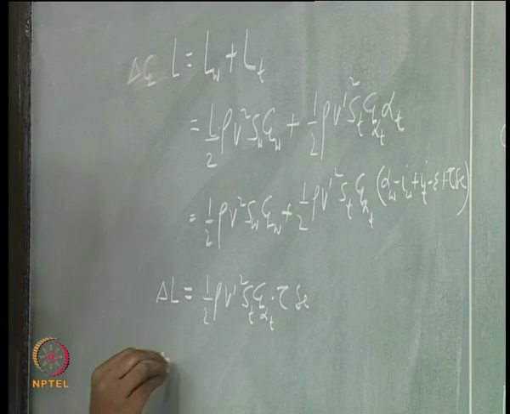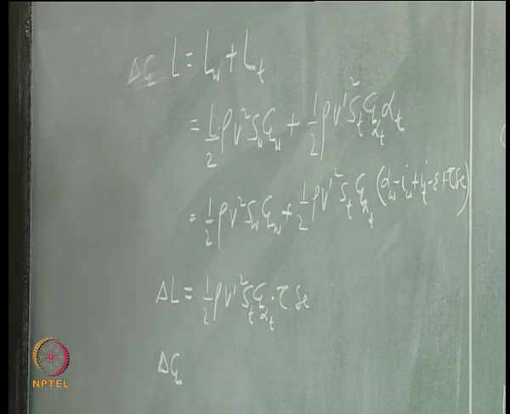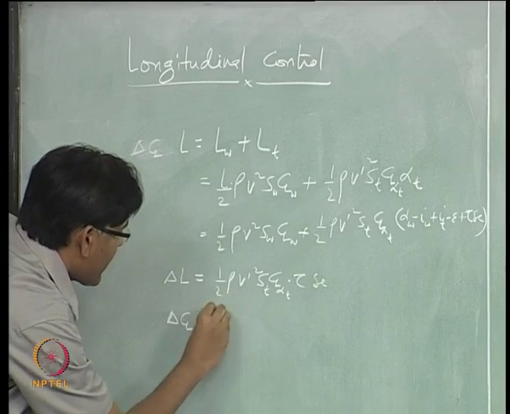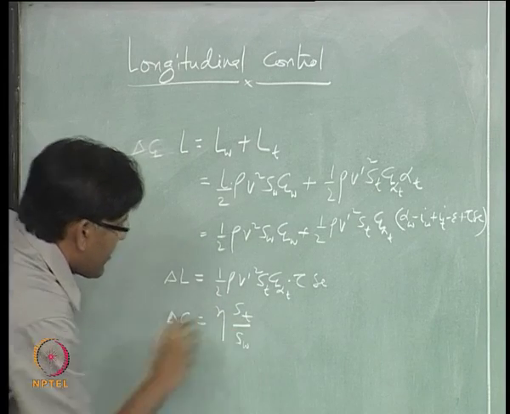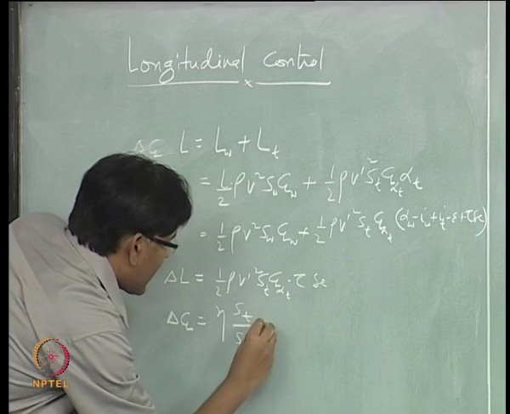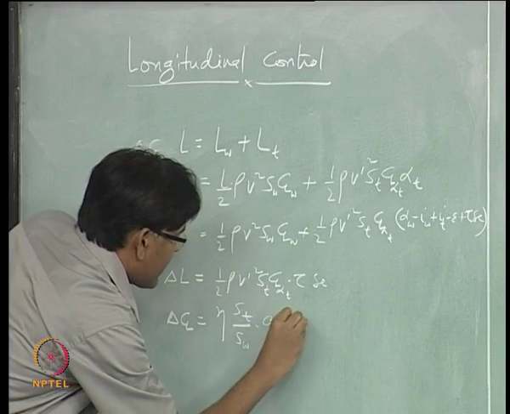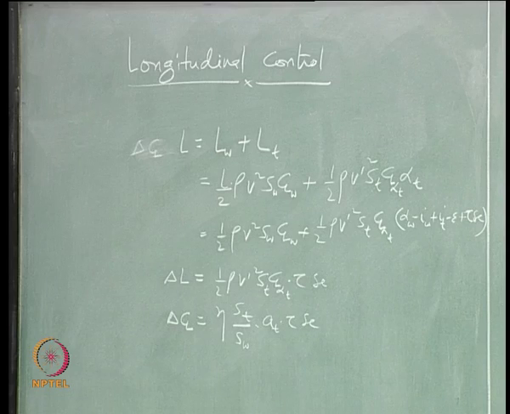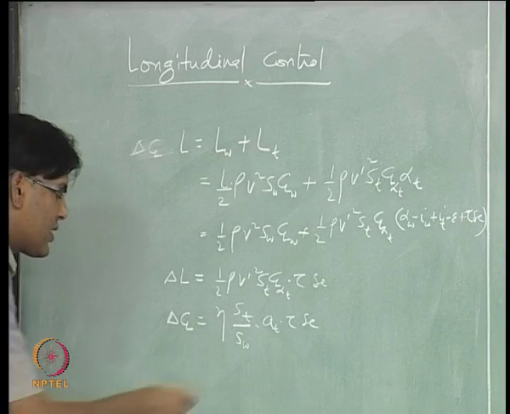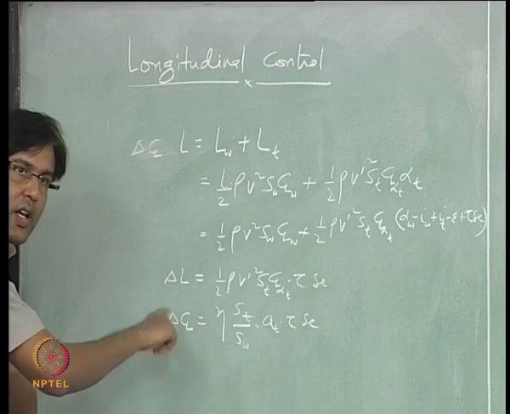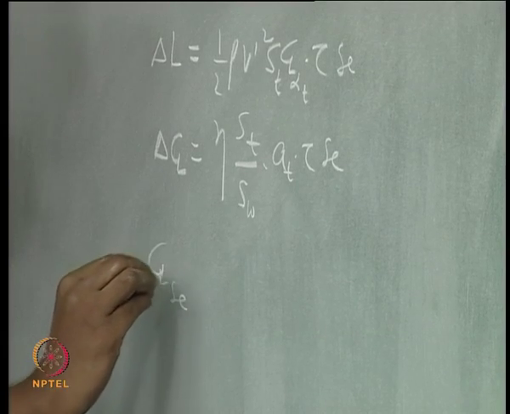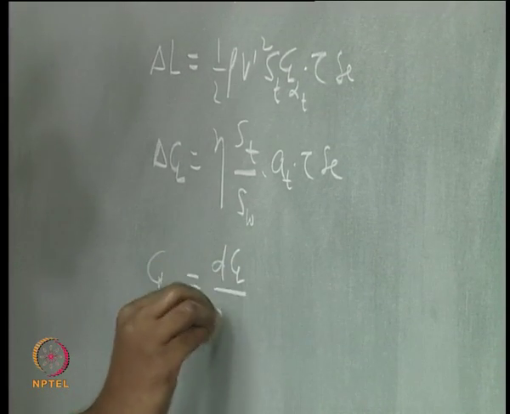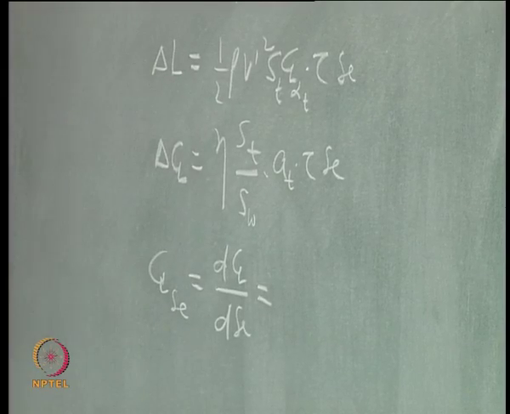So, I can also write this as the change in total lift coefficient, and that is going to be CL alpha T into delta alpha T, right. So, the change in total lift due to change in elevator deflection can also be given by this derivative, okay.